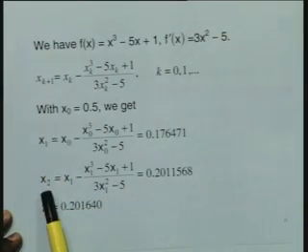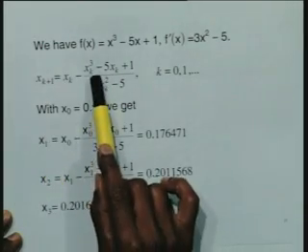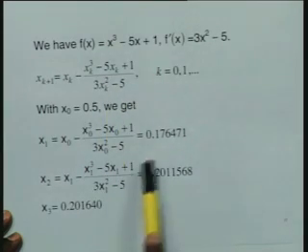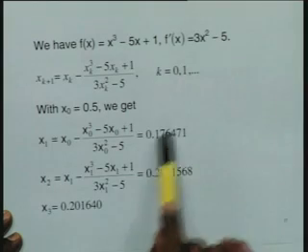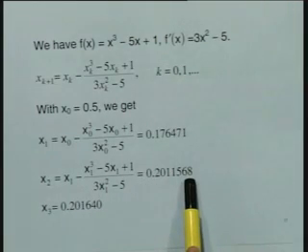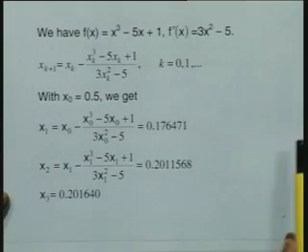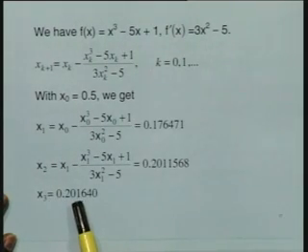When k is 1, I have x2 is equal to x1 minus (x1 cubed minus 5x1 plus 1) by (3x1 square minus 5). Now I compute this using x1 and produce this value. I have not written the steps of the third iteration, but the third iteration value is 0.201640, which is the same value obtained in the two other cases, but with 5 iterations.